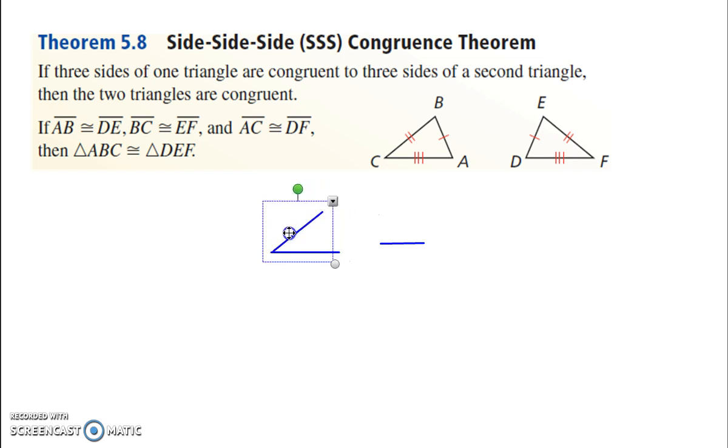I place that on there, and then if I know it's this length, there's only one way to connect the ends, and that's with this length right here. Only one way to connect those three sides to make that triangle. So if I know all three sides are congruent, I can only make one particular triangle out of those.